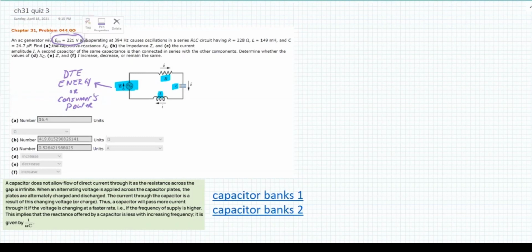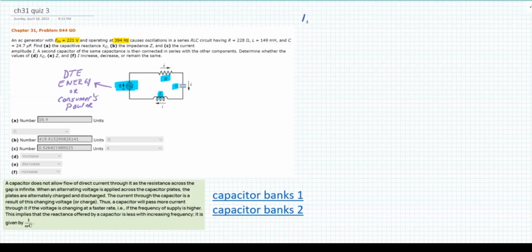All right, so this alternating current has a frequency. We know the peak value of this source of voltage, and we know that it has a frequency, f, and here's our RLC circuit.